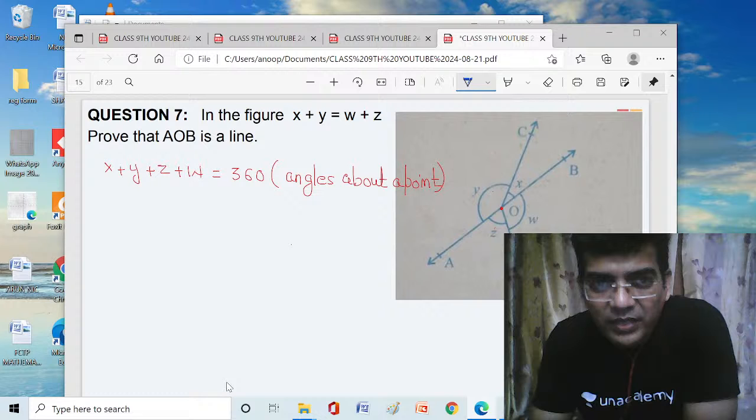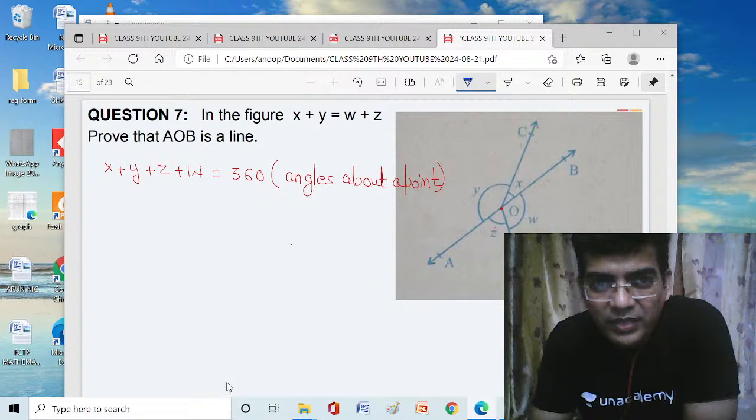Okay, now coming to this figure, you can see x and y, they are adjacent angles, right? X and y are adjacent angles. And if the sum of adjacent angles is equal to 180, we can say x and y are a linear pair.